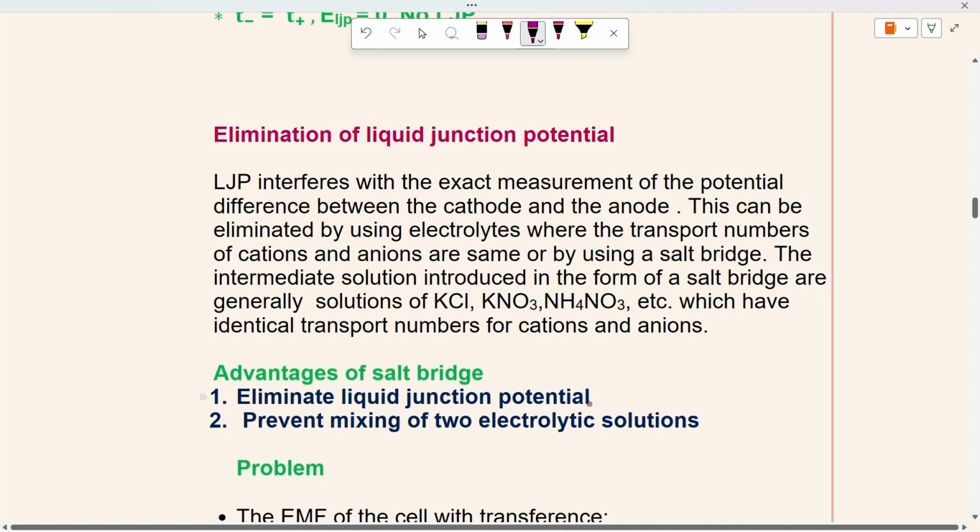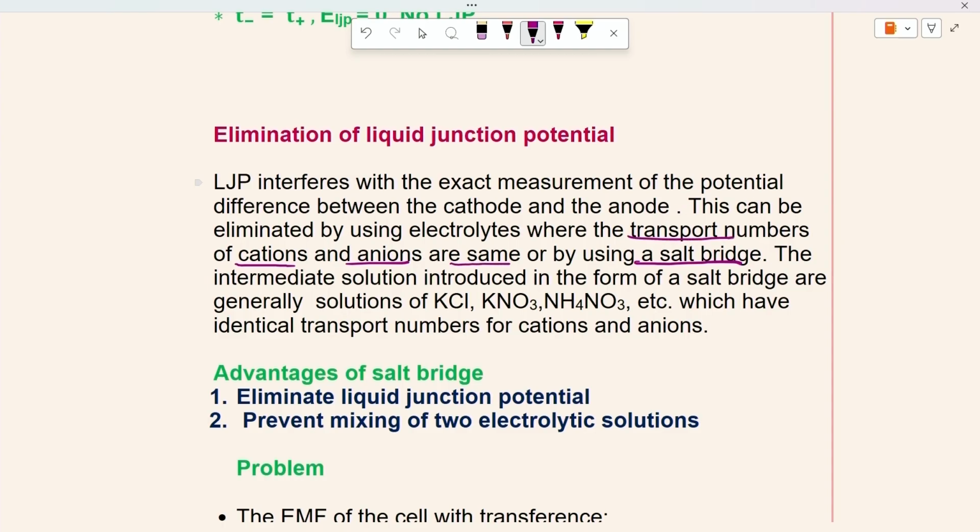For that, there are two options. One, you can eliminate liquid junction potential by using a salt bridge. The other thing is, you can have two electrolytes where the cations and anions have the same transport numbers.